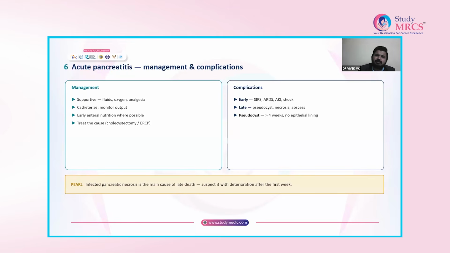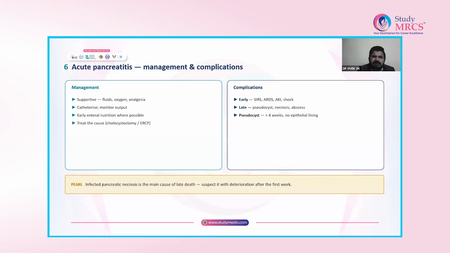So what is the treatment of the pseudocyst? That is internal drainage. You can open the cyst wall and drain it into the jejunum, duodenum, or the stomach. That is called cystojejunostomy, cystoduodenostomy or cystogastrostomy respectively. So that is the treatment of the pseudocyst.